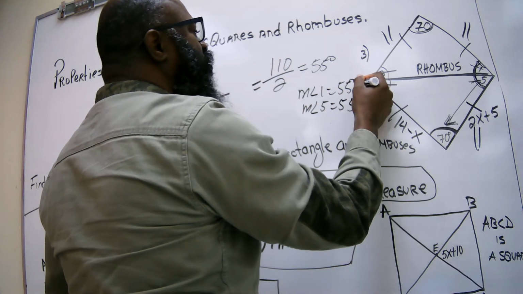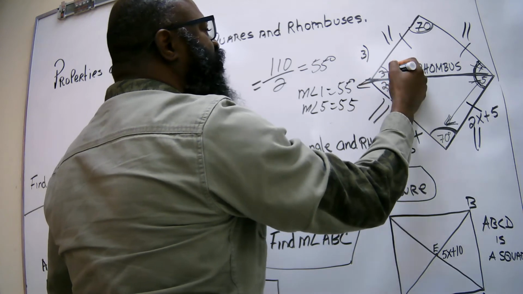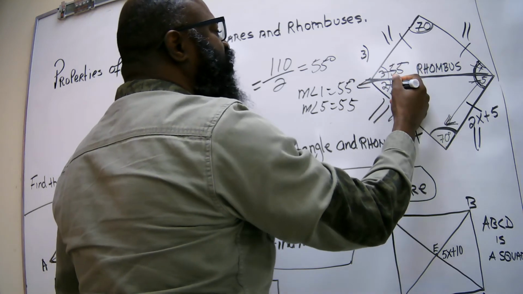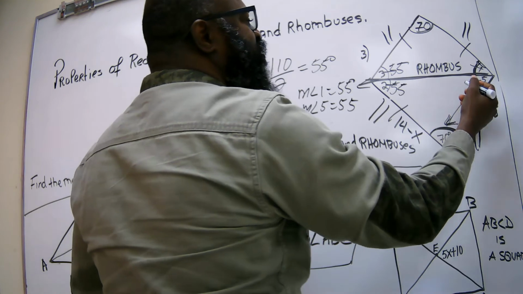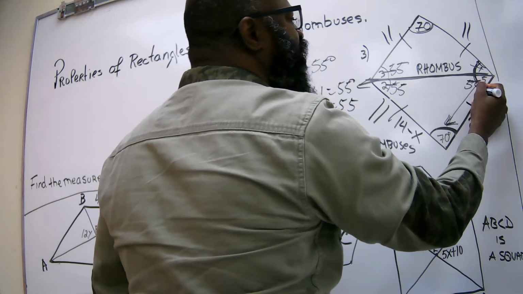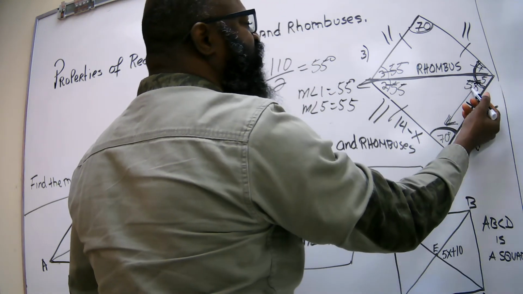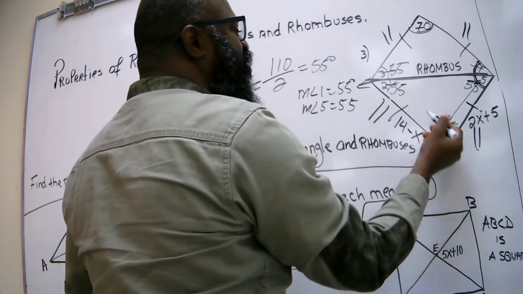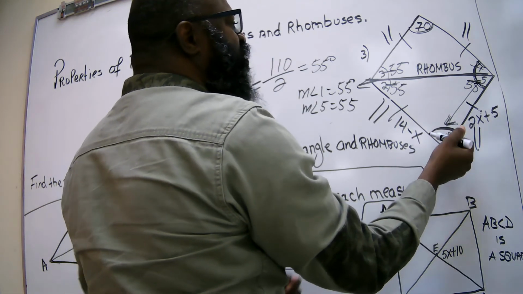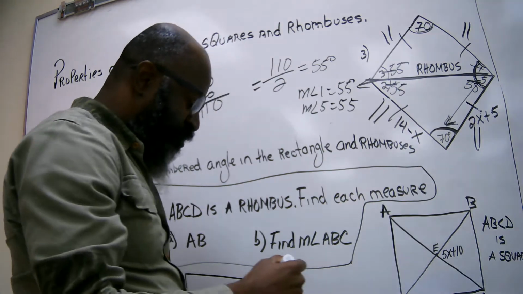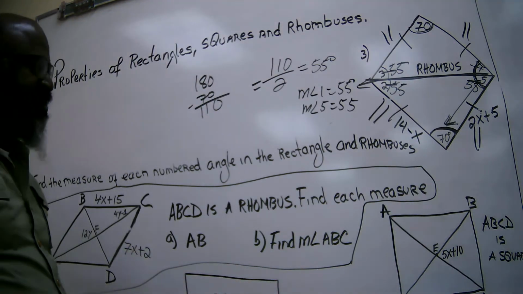And this will be 110 also, and divided by 2, that will be 55. All of these angles are 55. So this will give you two isosceles triangles. As you can see, 55 plus 55 is 110, 110 plus 70 is 180. So those two angles are congruent, therefore you are in business.